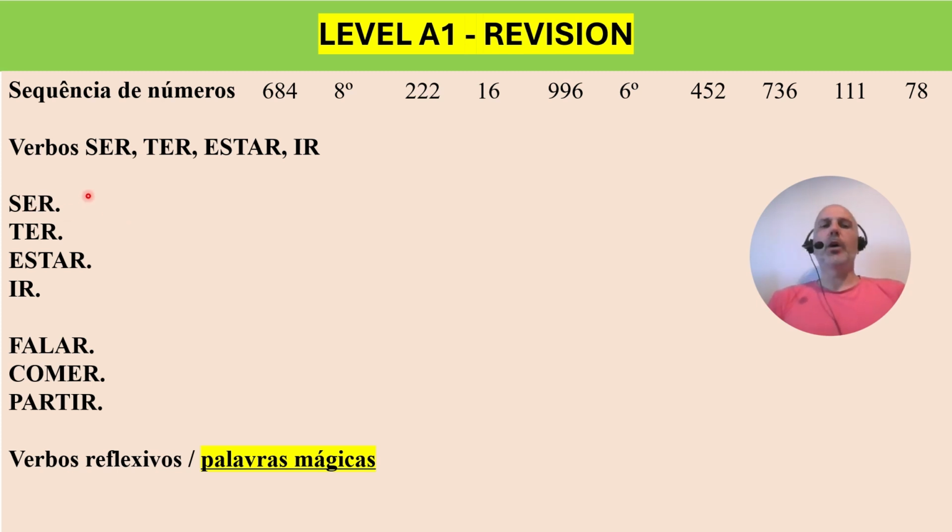So, do you know how to conjugate the verb ser? Hopefully, the answer is yes, because you have to know how to conjugate this verb in a very comfortable way. This is one of those pieces of grammar that if you're not comfortable with this, you're not ready to move on to level A2 until you're comfortable with the conjugation of these 4 irregular verbs in present tense, okay?